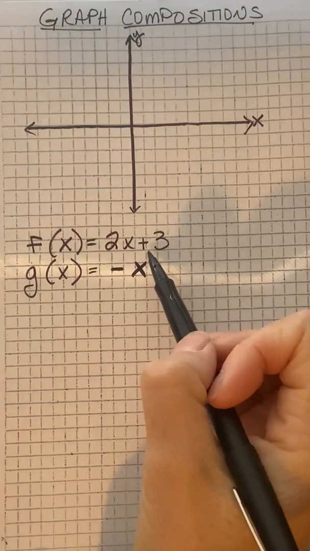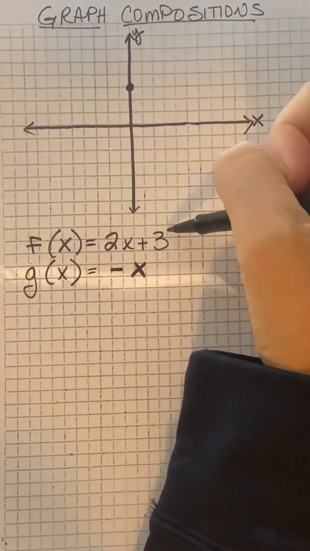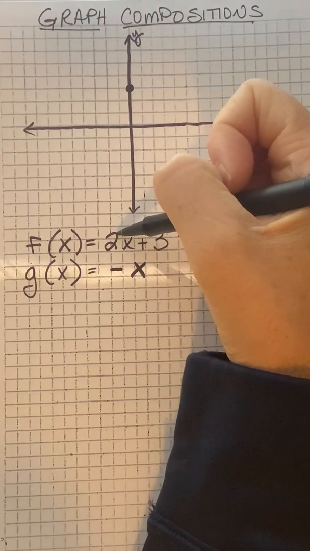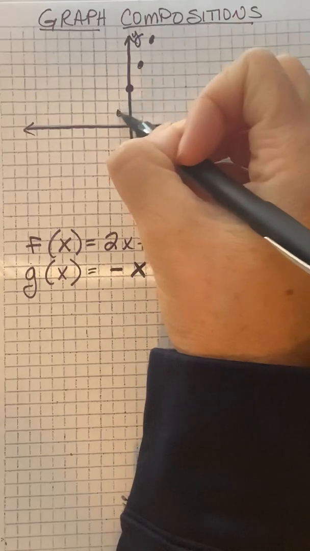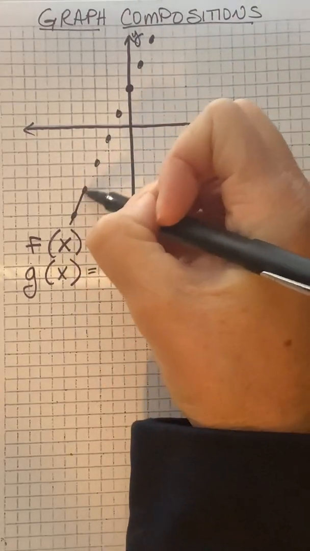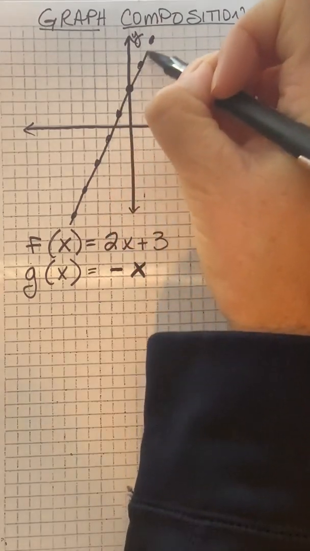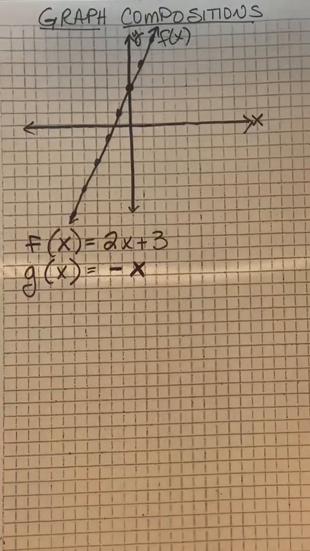So in order to graph this function, my y-intercept is up 3, and then I'm going to move up 2 over 1, up 2 over 1, up 2 over 1, filling up my graph. Because who knows where this composition is going to be. Again, the best part about videos is that you can always stop me. All right, so here's f of x. I'm going to label that.